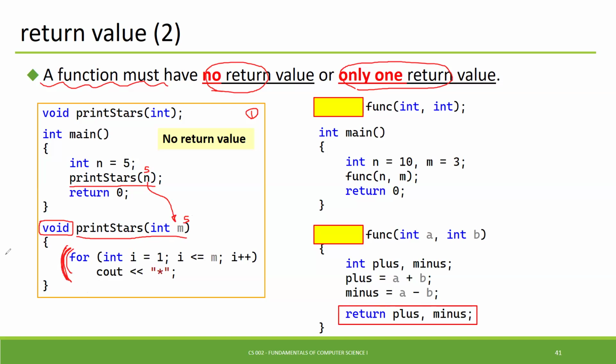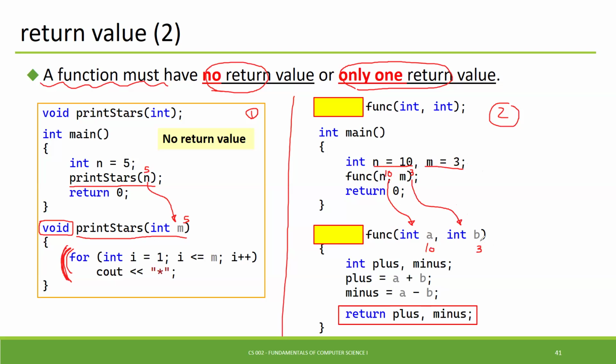And look at this one. This is number 2. This is different code, no relation between the two codes. In int main, I have n and m, two data, and 10 and 3 will be passed. There are 2 arguments, so you should have 2 parameters, right? So A will get 10, B will get 3.